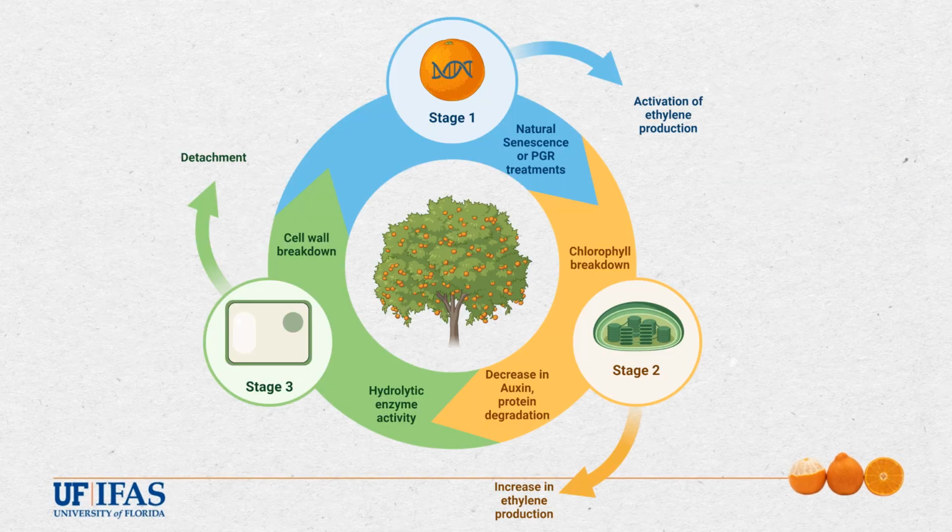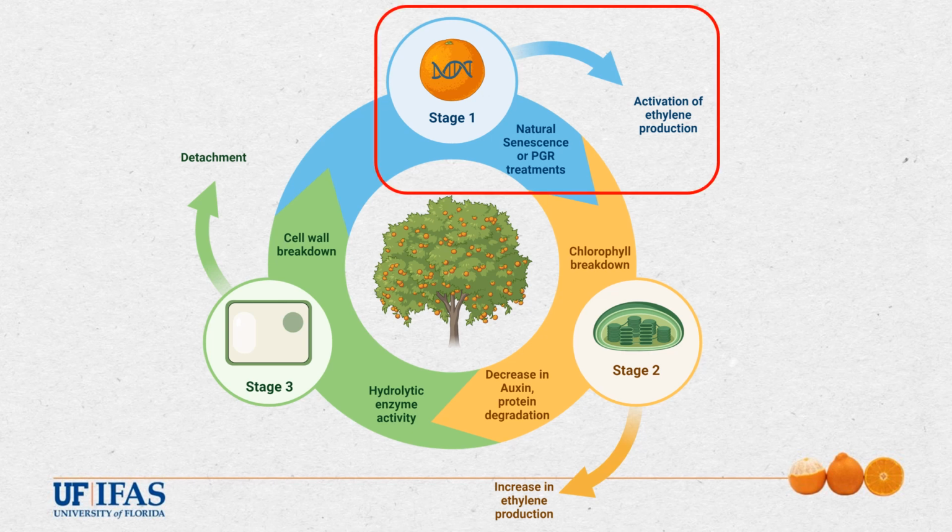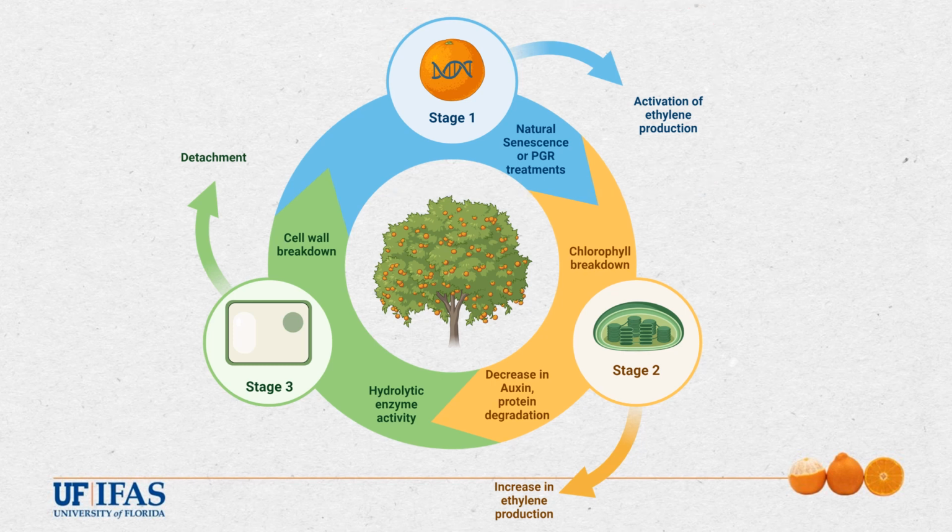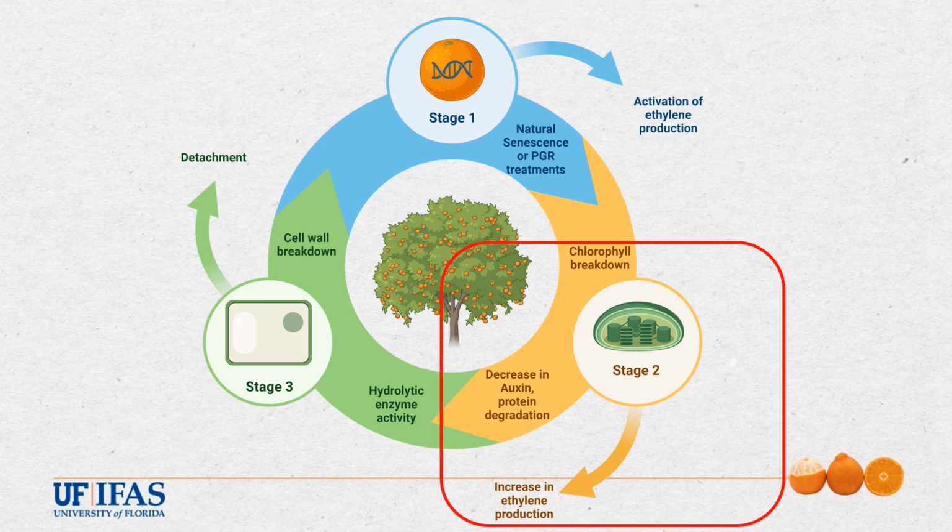The stages of ethylene-induced abscission are very similar to the stages of abscission discussed earlier. Stage 1 is described as initiated by a stimulus such as natural senescence or external factors such as PGR treatments that would activate ethylene production. Stage 2 occurs when auxin in the abscission zone drops, protein degradation starts to occur, and the breakdown of chlorophyll begins, which all leads to the increased ethylene production.